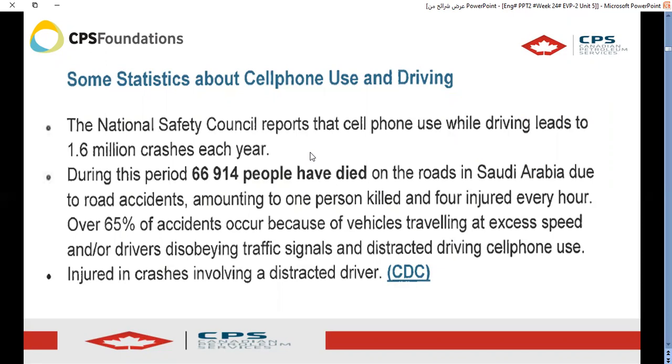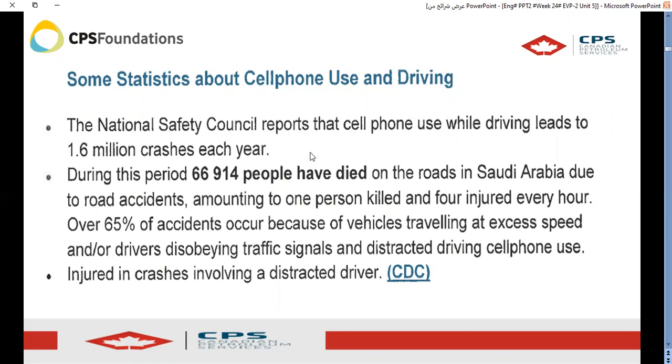During this period, 66,914 people have died on the roads in Saudi Arabia due to road accidents, amounting to 1 person killed and 4 injured every hour.